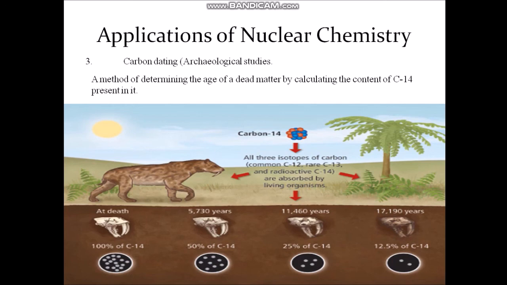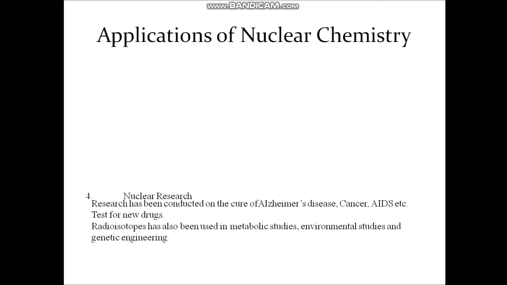After 17,190 years, 12.5% of C14 is left. And these can be used to determine the age of a dead organism or dead matter. And all three isotopes of carbon are absorbed by living organisms.